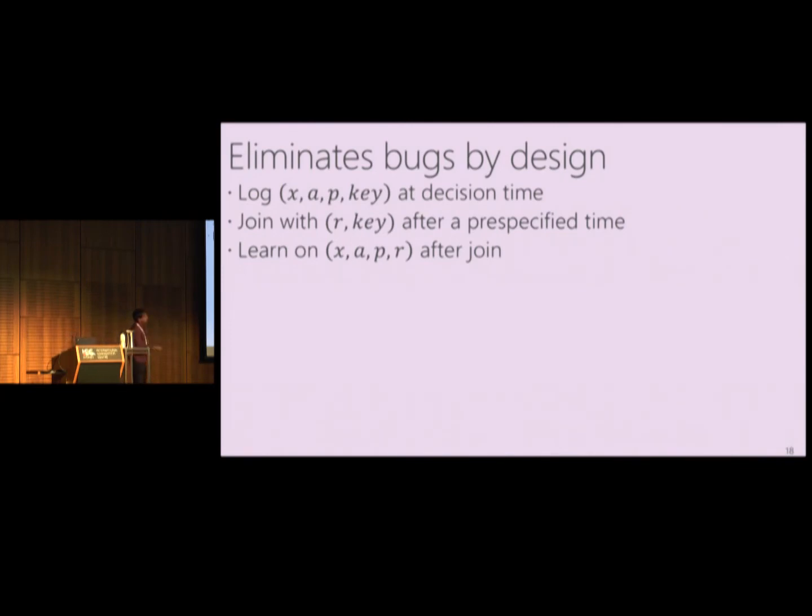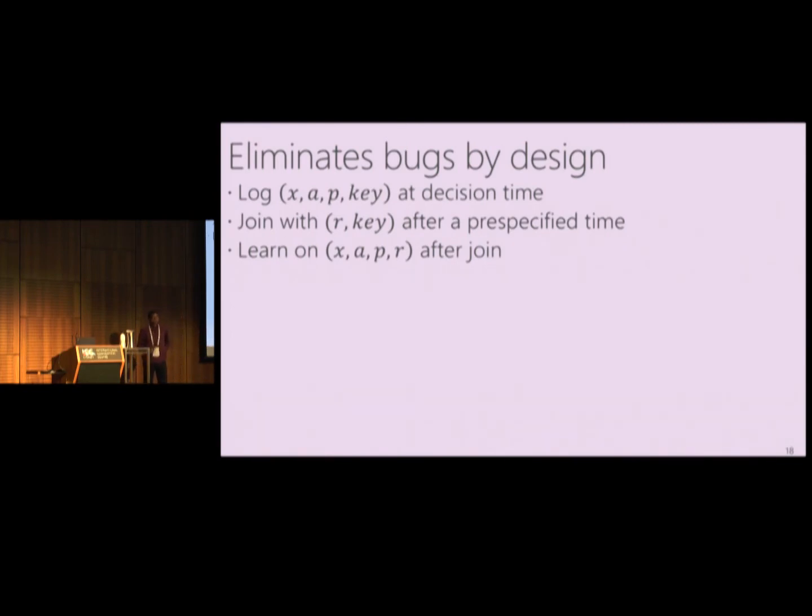The key is just a unique key we assign to every event. At some later point, we observe the reward for this event, and you can use this key to join them together. Two things to keep in mind: we do this join at a pre-specified time delay.